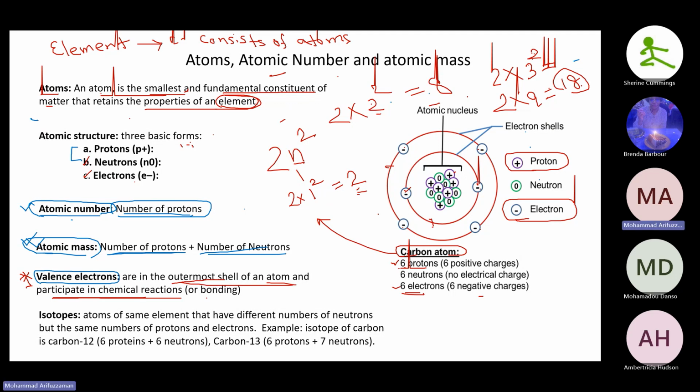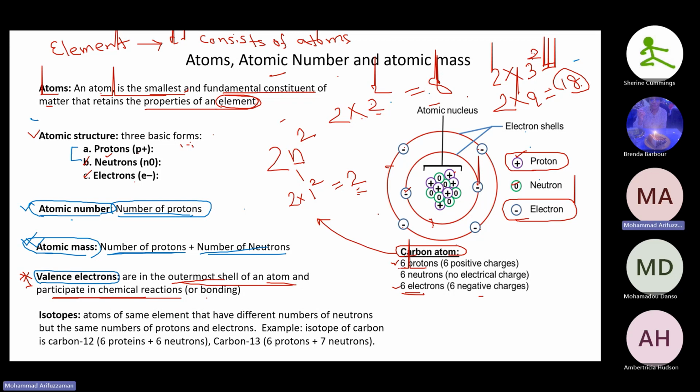So we learned the atomic structure has two basic parts, the nucleus and the atomic shell. The nucleus consists of protons and neutrons. Protons carry positive charge and neutrons carry no electrical charge.